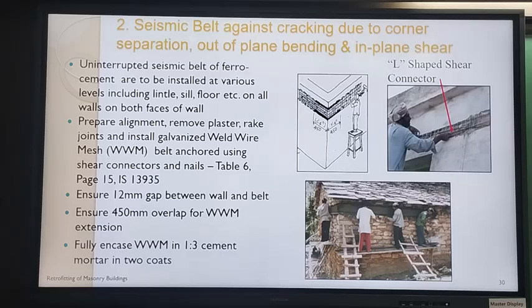Alright? There is an L-shaped connector. Just like we made the holes for the stitching element, in that there was a rod with double hooks only. This will have one hook and an L-shaped rod that comes out. So it is really very secure inside, and the belt wire mesh is connected to that. You can see this leg of the L-shaped rod. Alright.